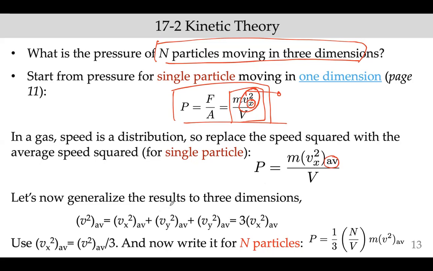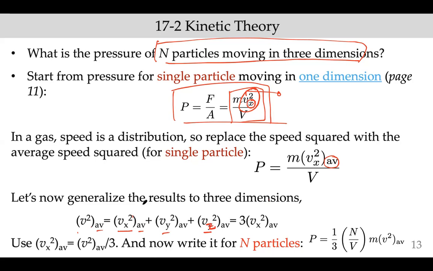So let's now generalize the results to 3 dimensions. Speed squared in 3 dimensions, if you expand it, you can write as the average of the x component of speed squared, plus the averages for the y component and for the z component.